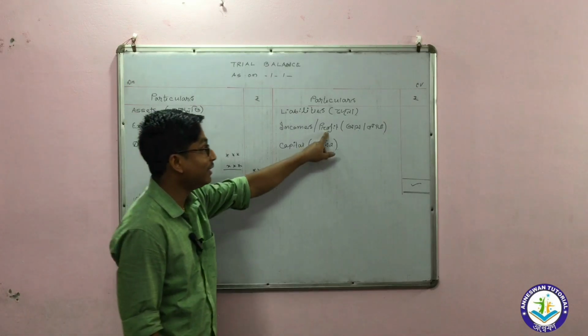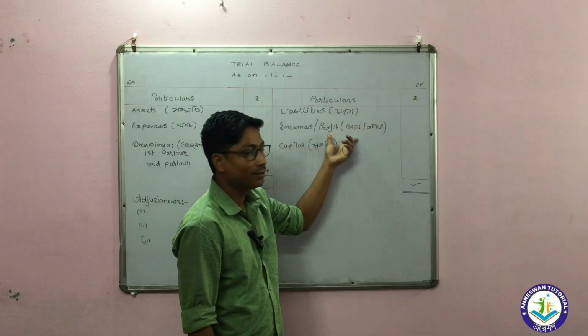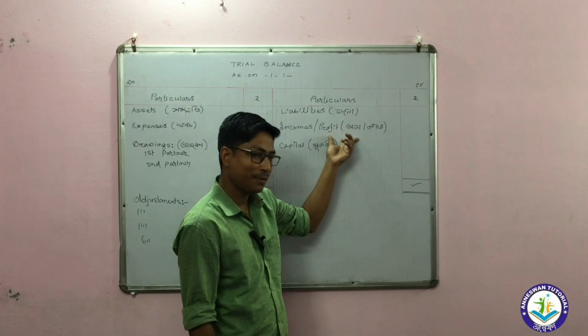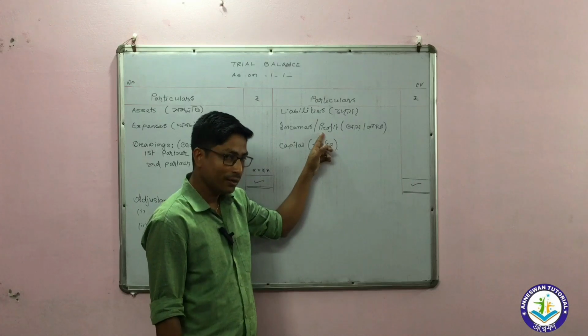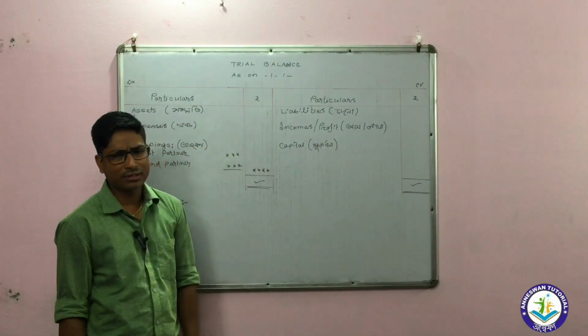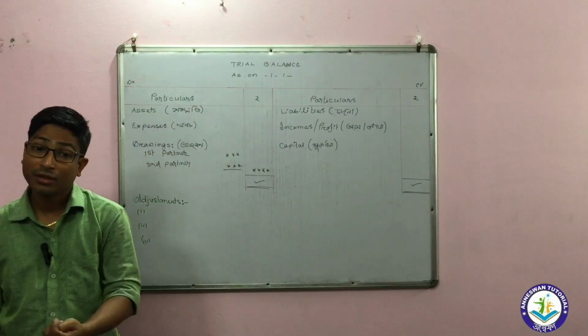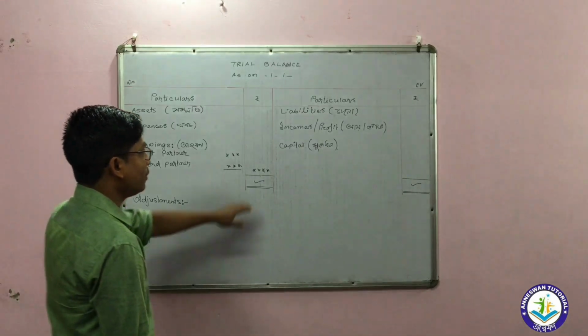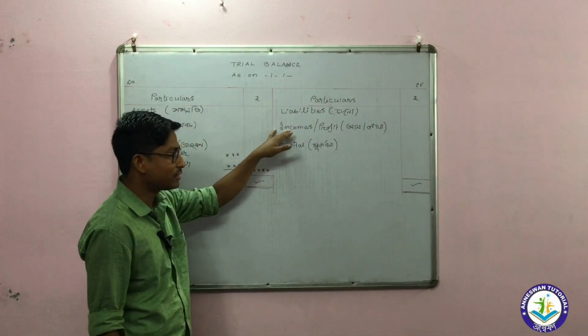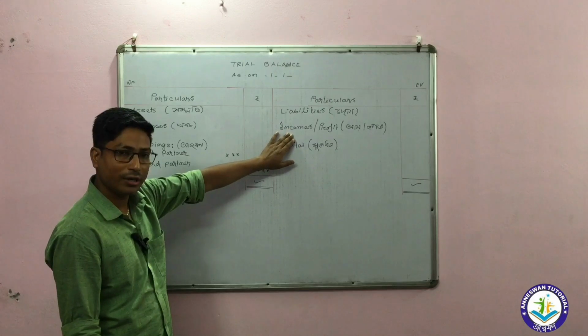So it will be given on the credit side as an item, trading account or gross profit. And other incomes like interest on investment, discount received, commission received, rent received, all such items will be given on the credit side.